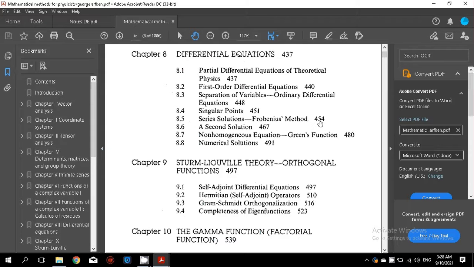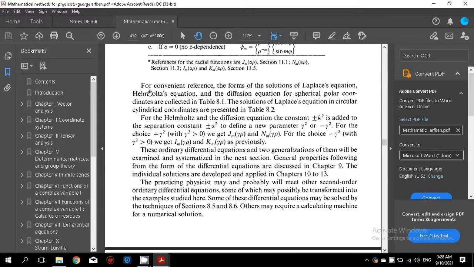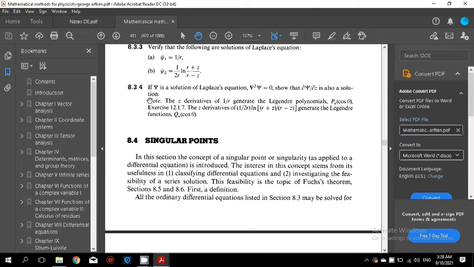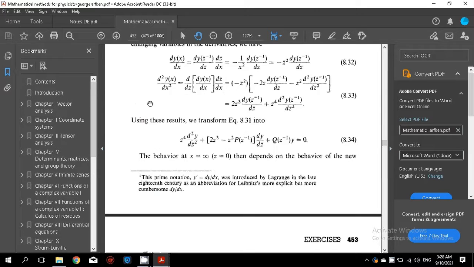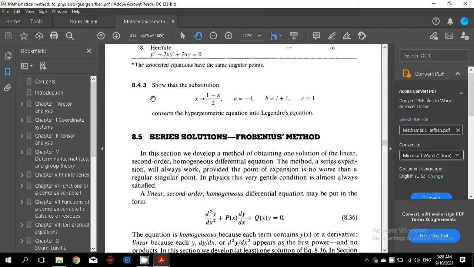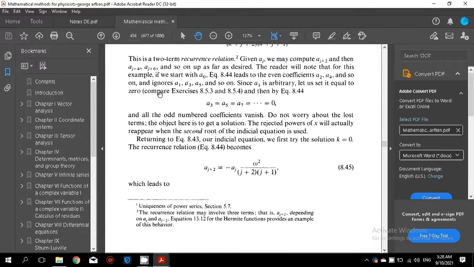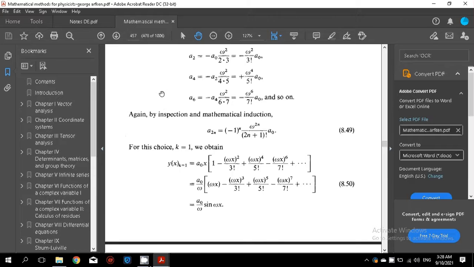Let's go to page 450 first and see if I have discussed two linearly independent solutions, and then we will move on further.